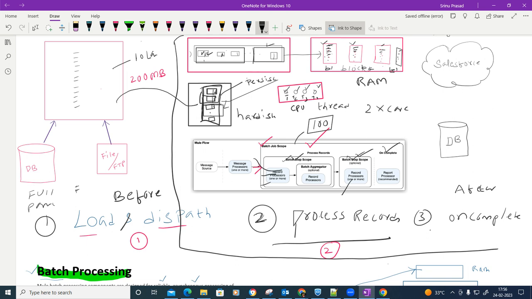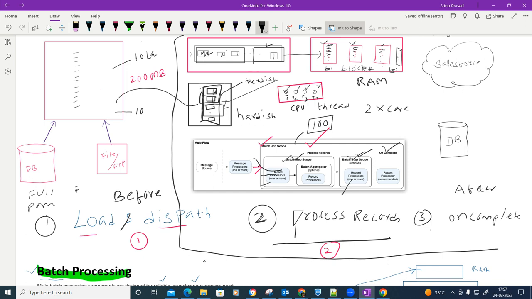And one more control mechanism: you are executing 1 million records, and it's okay if 10 records fail out of 10 lakhs. Those 10 records you want to process in a different step, in a different manner, but because of these 10 records, you don't want to stop your execution.